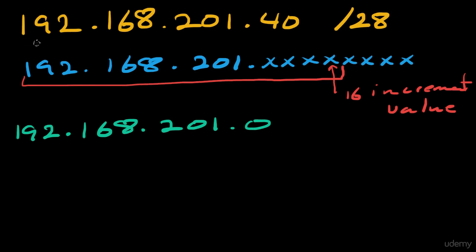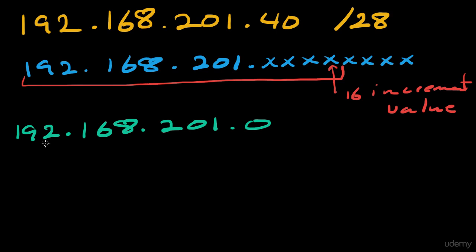Therefore, the original network ID must have been 192.168.201. So this is the original network ID. When they subnetted this, they used a prefix of /28, and the increment value was 16. Therefore, we can calculate the network IDs that they worked out by incrementing the 4th octet by 16.